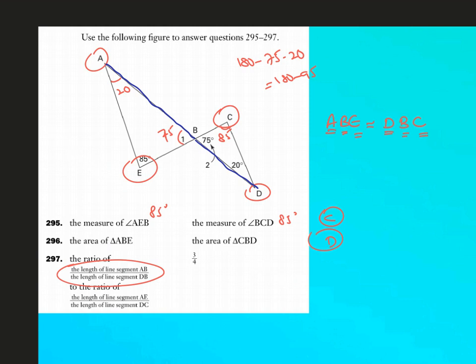So whatever the ratio of AB to BD is, let's say that's S, just calling it S, the ratio. This same ratio will hold for all the other sides as well. So if I talk about the second thing, what we have is the length of AE upon DC. Again, two corresponding sides. So AE upon DC also has to be the same ratio, which is S.